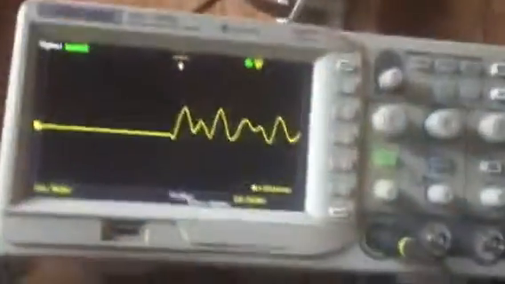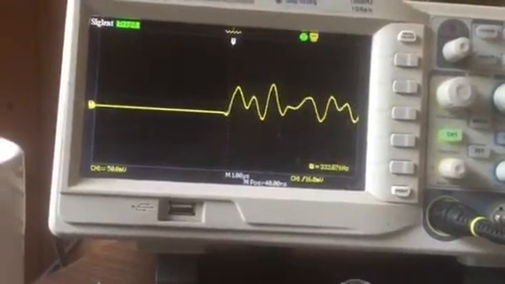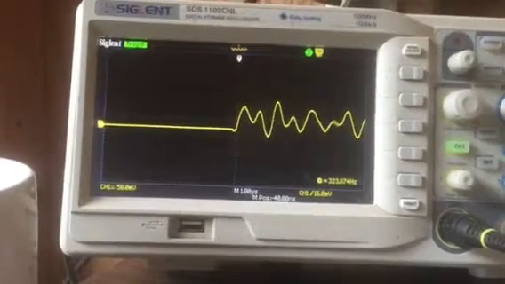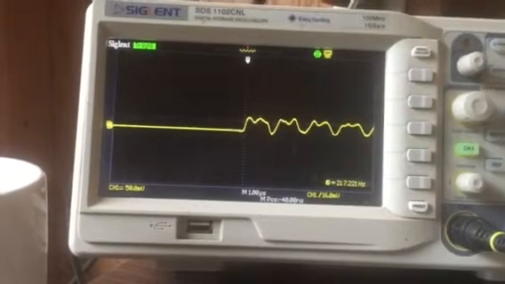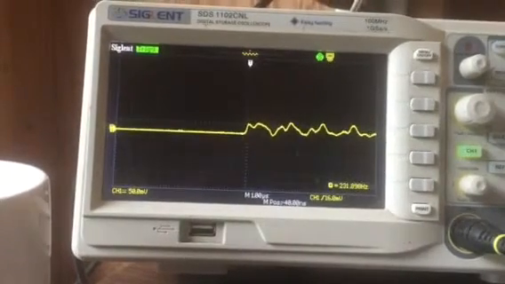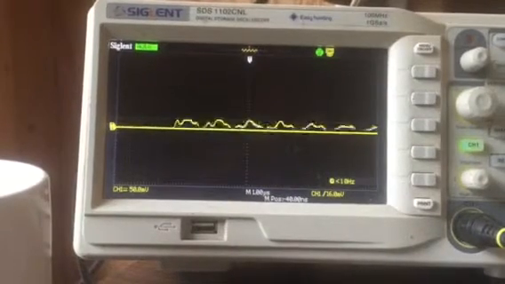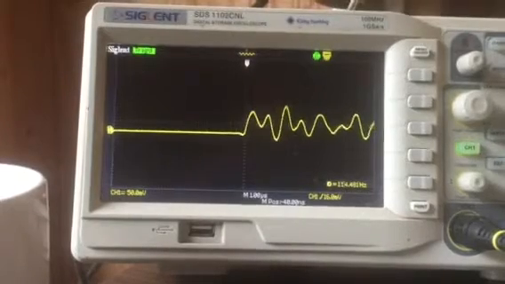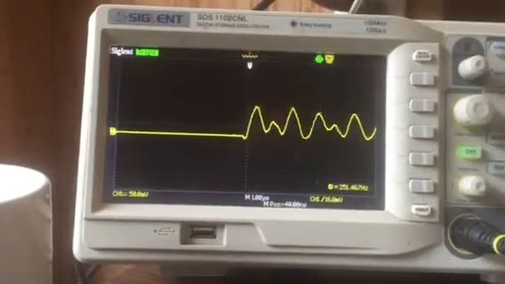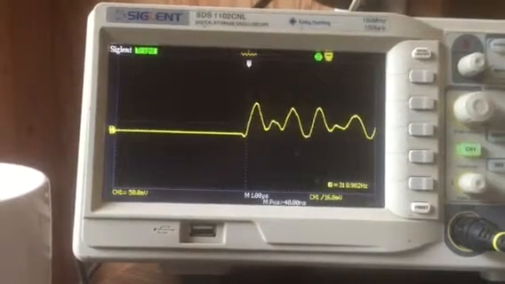Now you can see how far out I am with it. Let's get a wave to balance out. Definitely down low now. The waves. Right there.